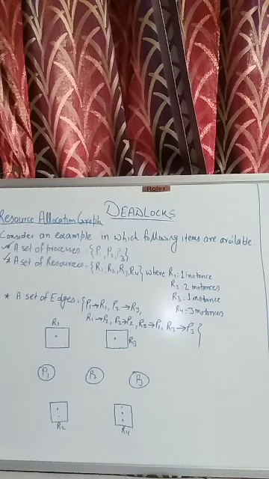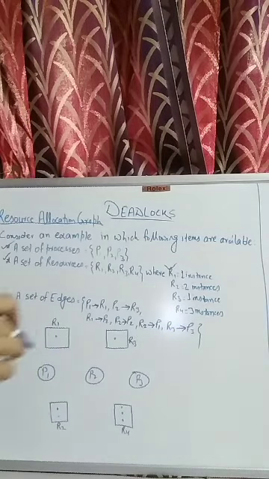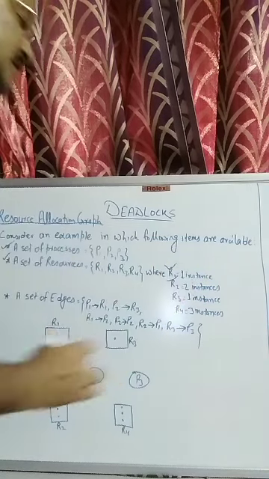There are 4 resources where R1 has one instance, meaning one quantity of R1 is available, whereas for R2 2 instances are available.